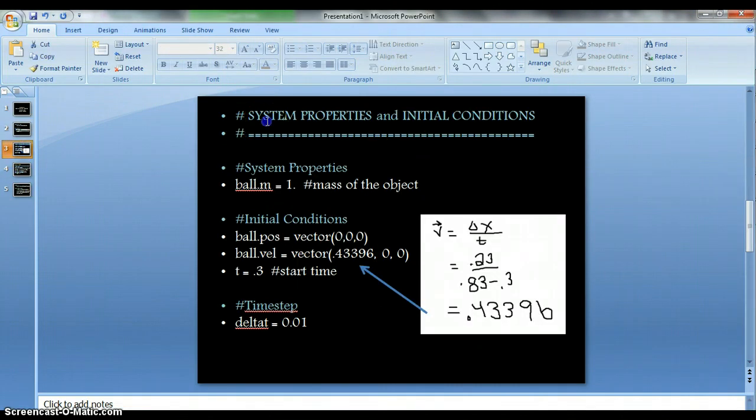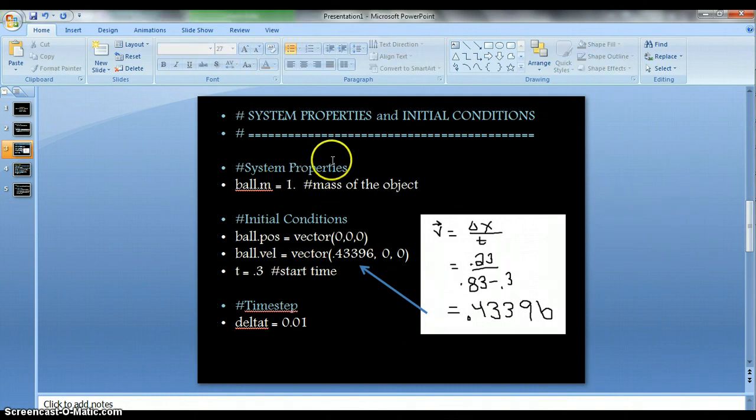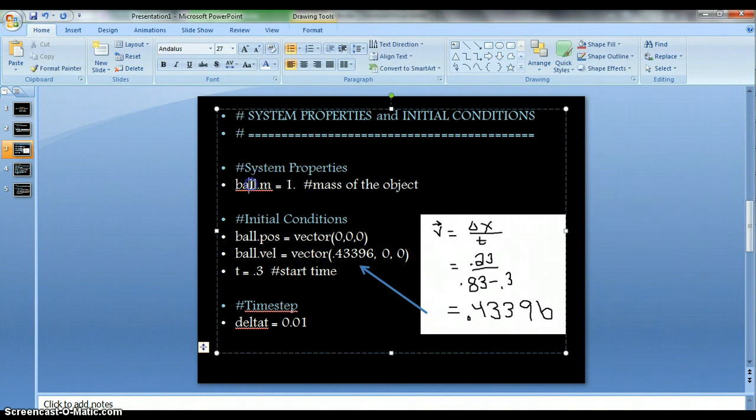And so the initial conditions of my model to represent the motion of the marker are as follows. Everywhere you see ball, just pretend it says marker because I forgot to change it, but it should say marker. Here you see the mass. I put it as 1, but it's kind of irrelevant, and I'll explain that later. But the original position of the ball, I put that as 0, 0, 0 because I wanted that at the origin.